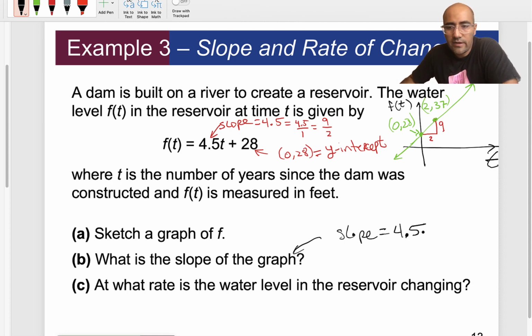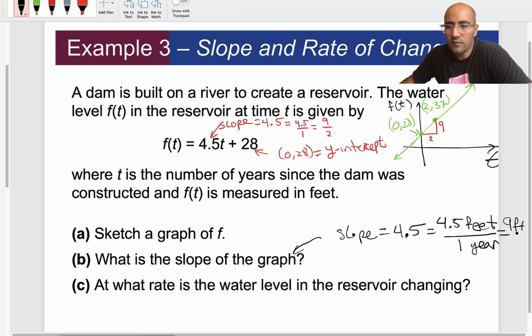It's changing at a rate of 4.5 feet in 1 year. Or as we did before, we can change this to a 9 over 2 by multiplying both numerator and denominator by a 2, or 9 feet per 1 year. Oh, sorry, for 2 years.